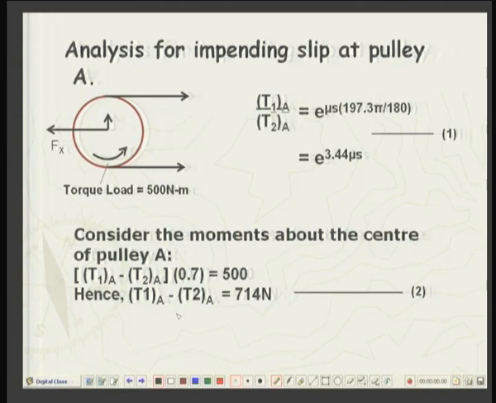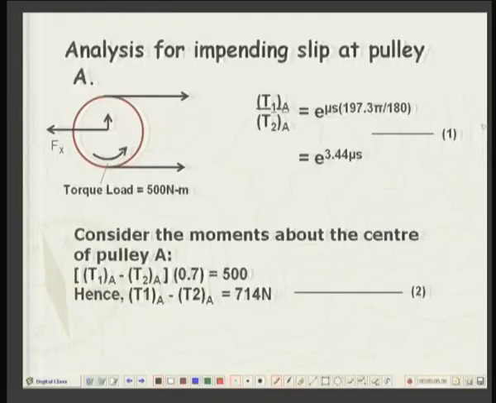So, there are 3 equations. First, the pulley equation, that is T1 over T2. First of all, we will consider the case, let us say at pulley A, there is slip just about to take place, that is the case of impending slip at pulley A.